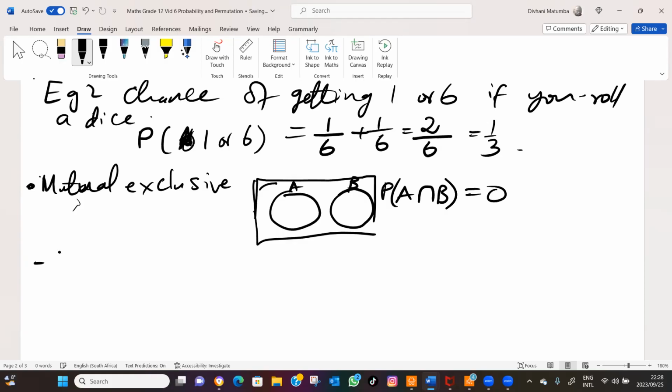The first symbol is the same as 'and', and this one is the same as 'or'.